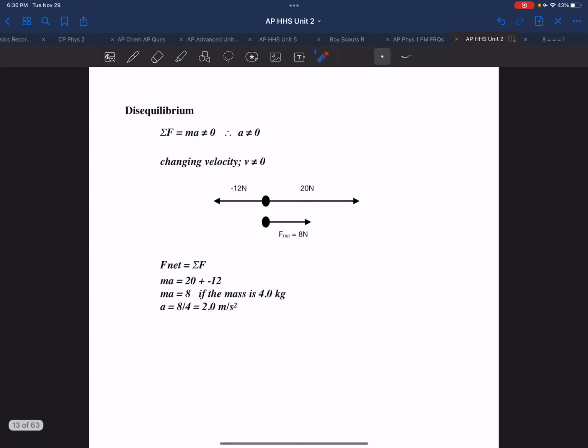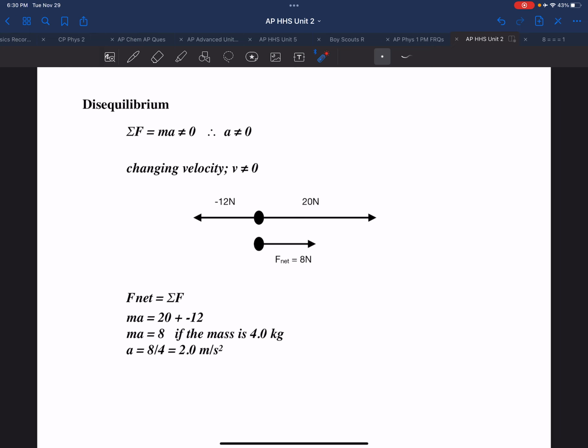Our last state is disequilibrium, or not being in equilibrium. So here the sum of the forces is not 0, so therefore the acceleration is not 0. It's a number like +2 or -6 meters per second squared. The velocity is changing, and therefore it's not equal to 0 for most of the time.